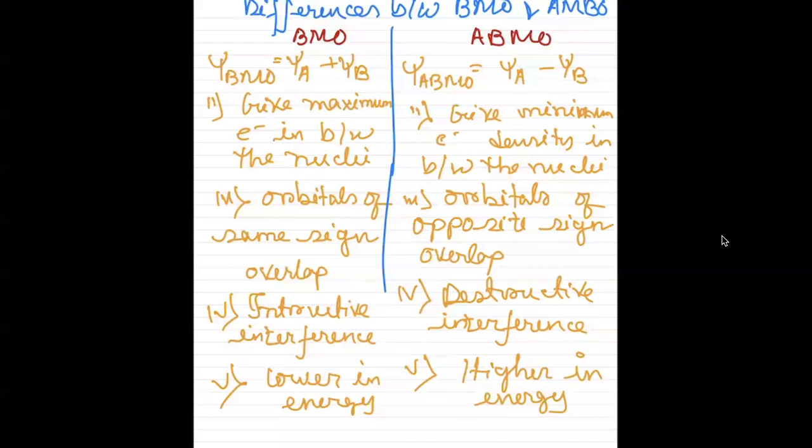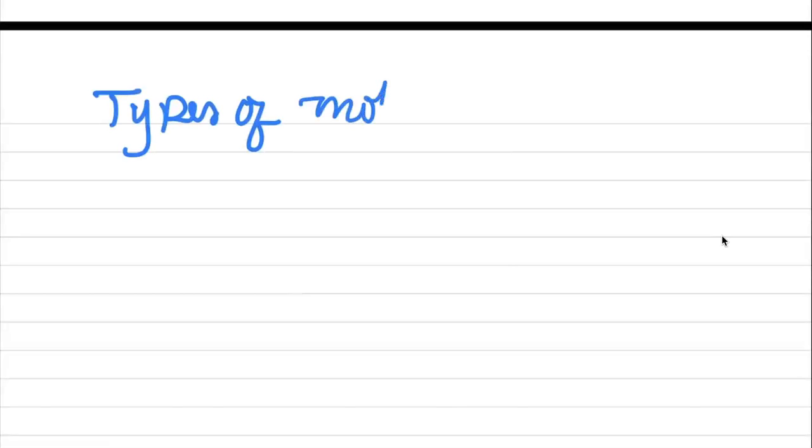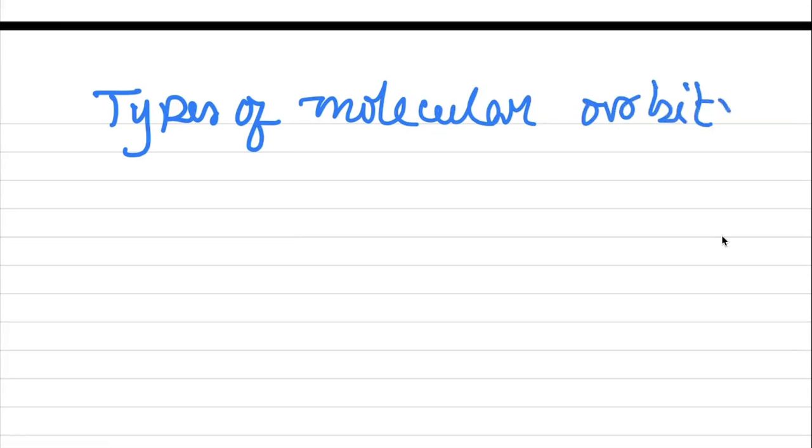So bonding and antibonding we have understood. Now we have to go for the types of molecular orbitals.